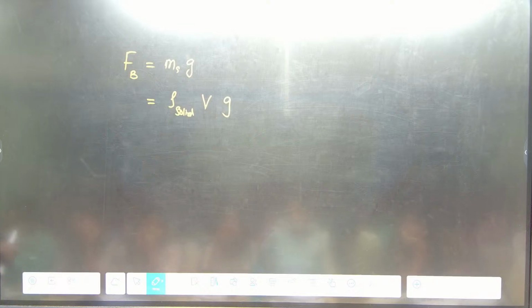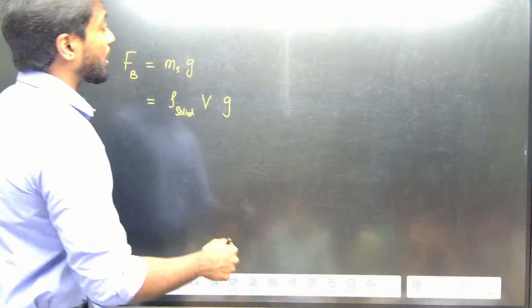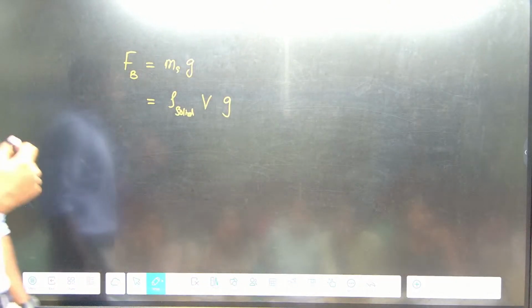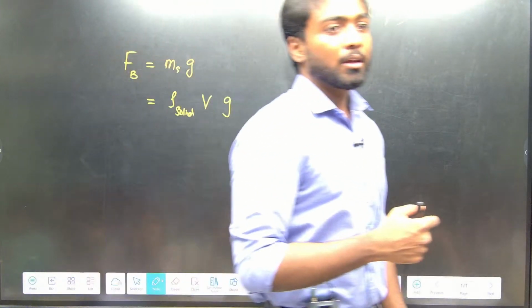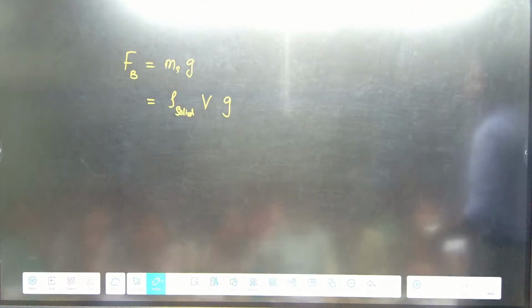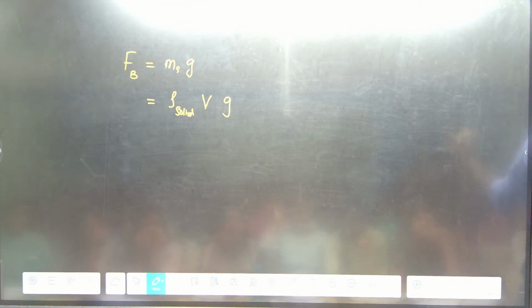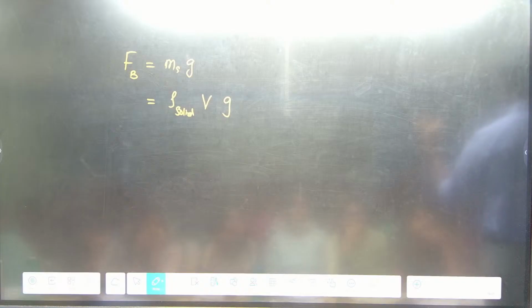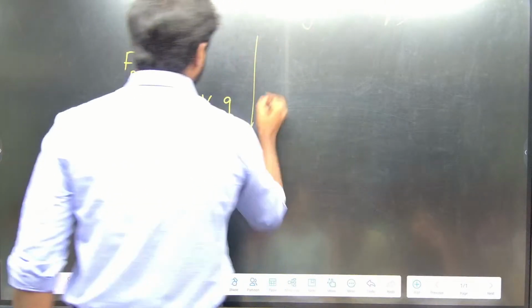Now we have talked about the equilibrium condition. If I talk about the liquid, the liquid has volume and the liquid has density. So can I write the other terms?